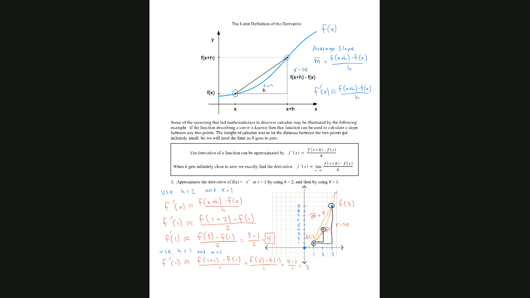So yeah, our slope did go down. Now if h were to get infinitely close to 0, then we will actually find the derivative, and we'll find the true slope of the curve at x equals 1.